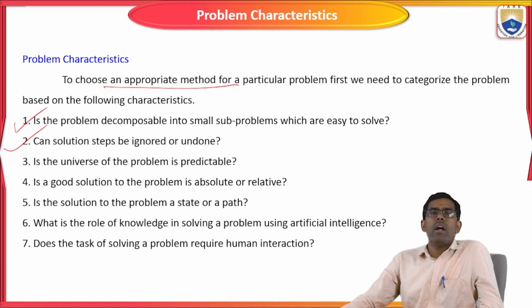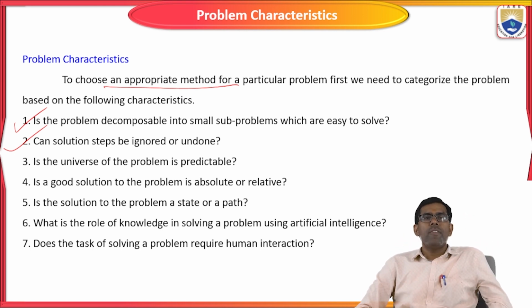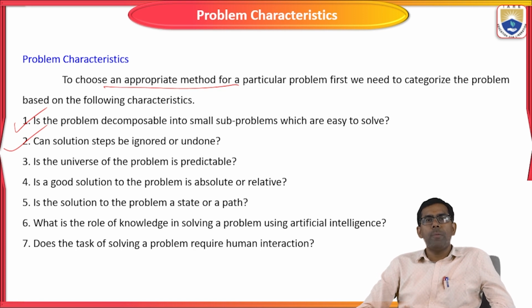Ignored and undone are separate words. If you are solving some particular problem and following some particular steps or protocols, some certain steps may be ignored, or some particular states may be undone.